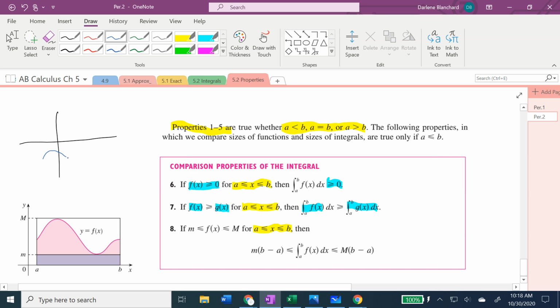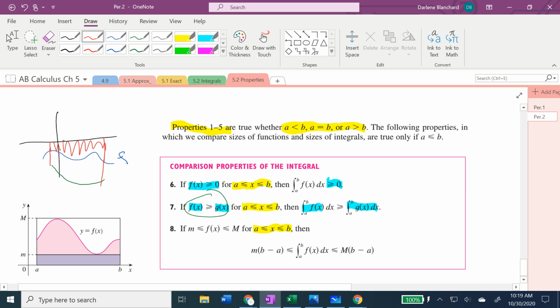So I'm going to draw some functions under the x-axis. This is going to be f, and g always gets green because green starts with g. So if f of x is to be greater than or equal to g, then g has to be under it somehow. Now, if I integrate from x equals a to x equals b of f of x, I will get a negative number, right?